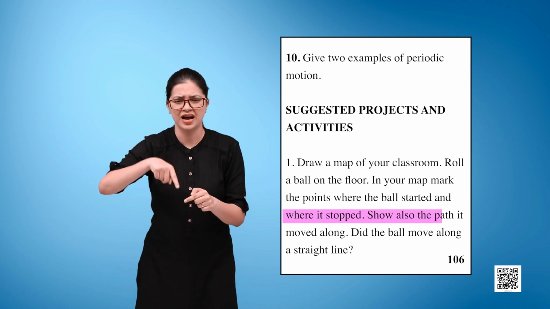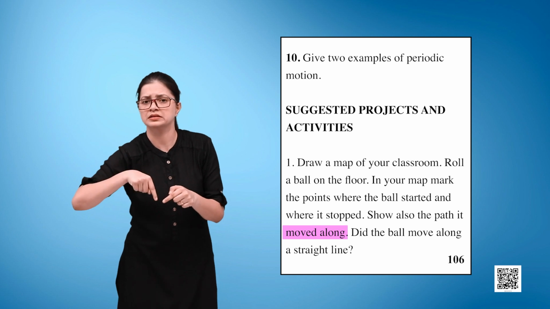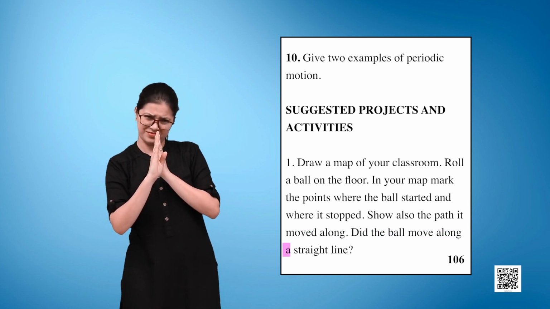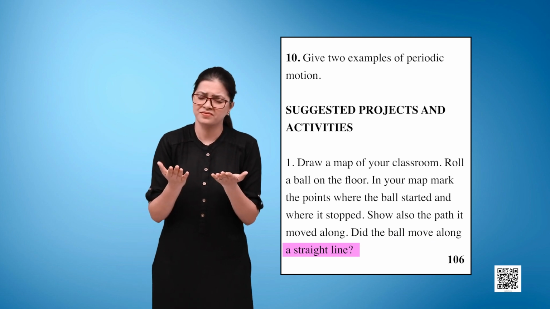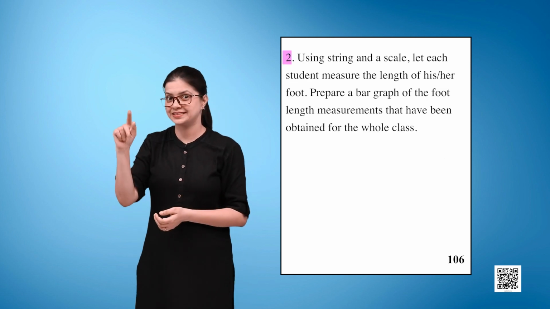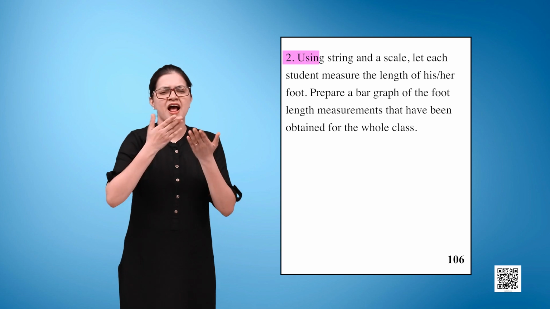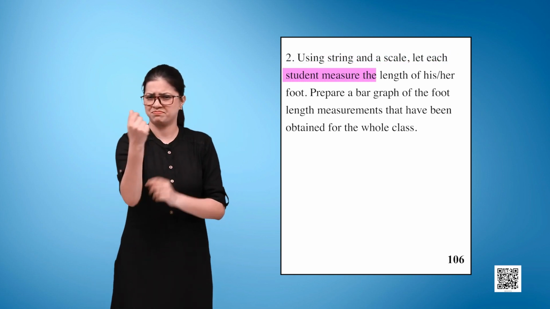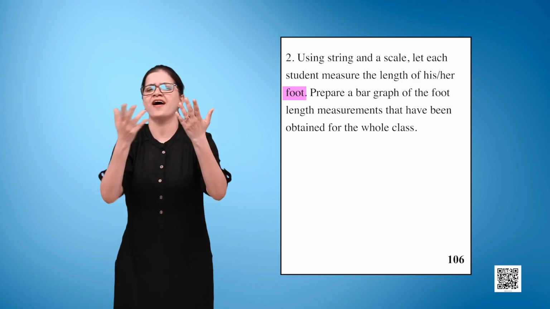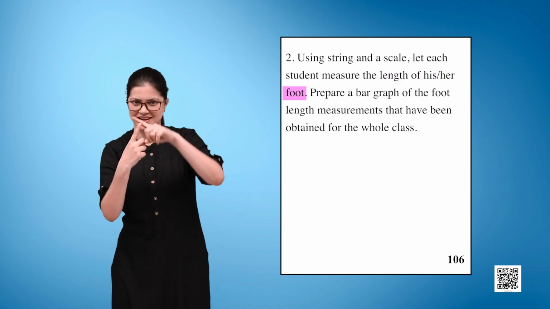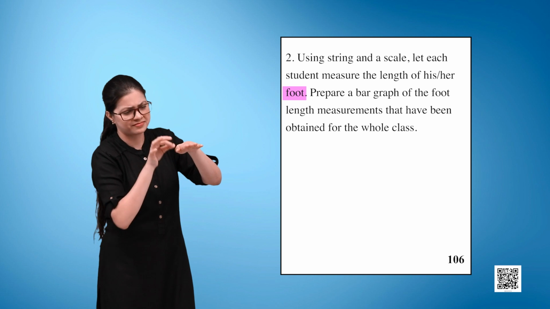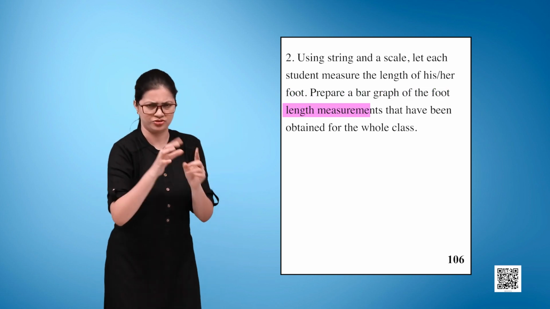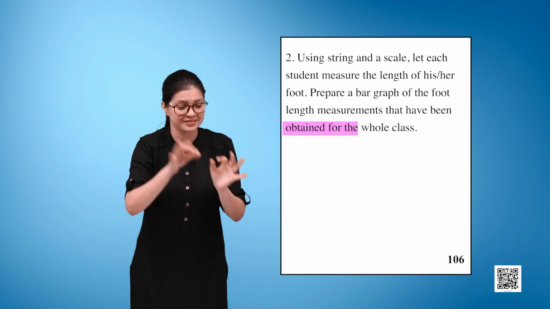Show also the path it moved along. Did the ball move along a straight line? 2. Using string and a scale, let each student measure the length of his or her foot. Prepare a bar graph of the foot length measurements that have been obtained for the whole class.